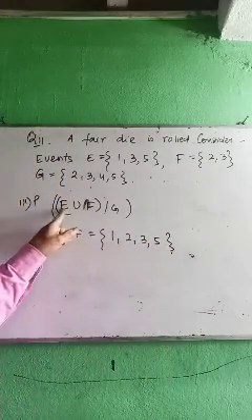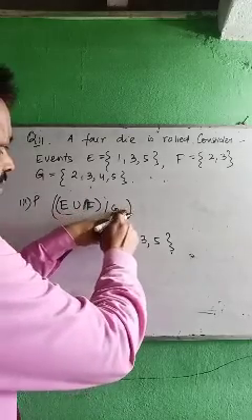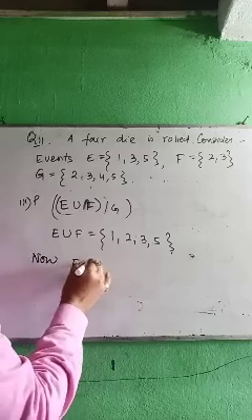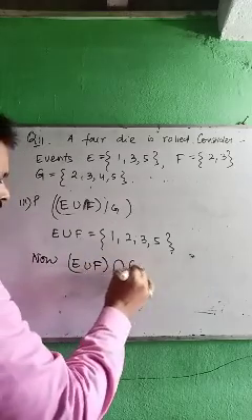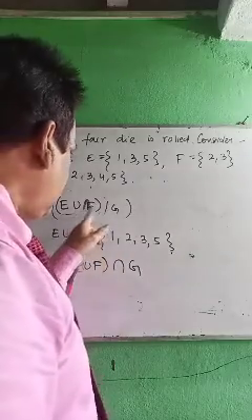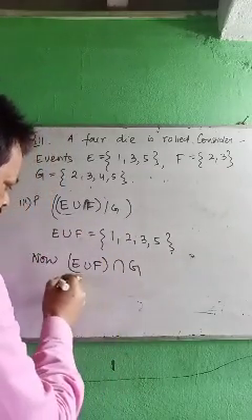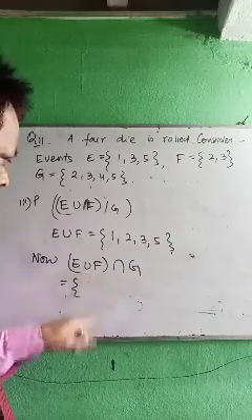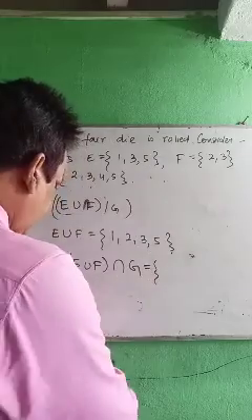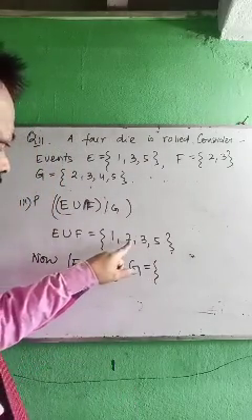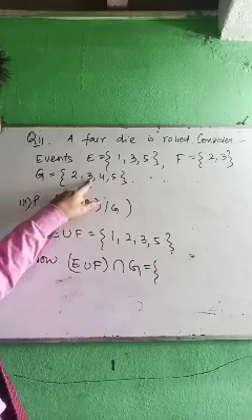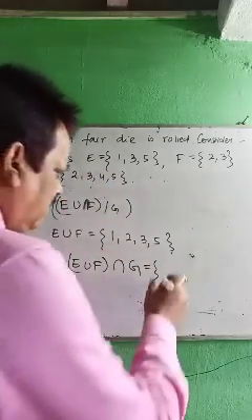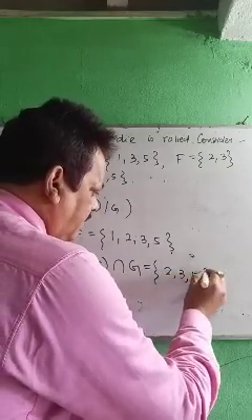Then when you go for conditional probability, this set intersection this set. What is E union F intersection G? Because first set intersection second one. So if you check it, that will be how much? This 1, 2, 3, 5 and 2, 3, 4, 5. Common is 2, 3, 5.